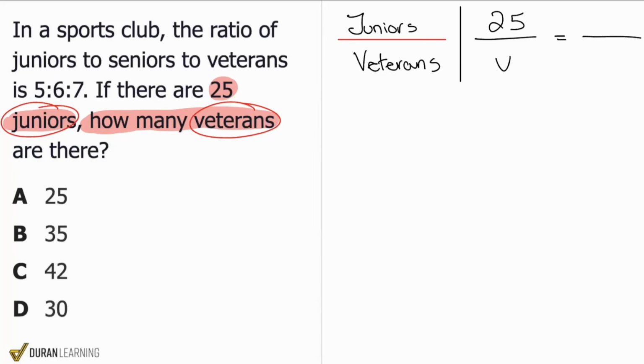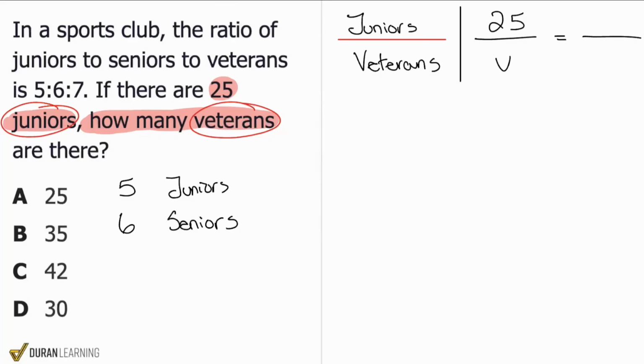If we respect the order that the ratio is written in, the 5 represents what? 5 is the first number, and we look at the first word, which is juniors. So we have 5 juniors, then we have 6 what? 6 represents the second number, which is seniors. Yep, right there, perfect.